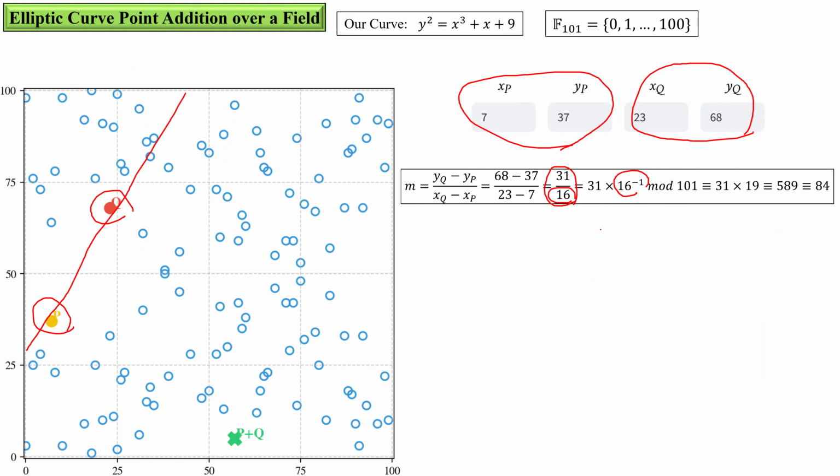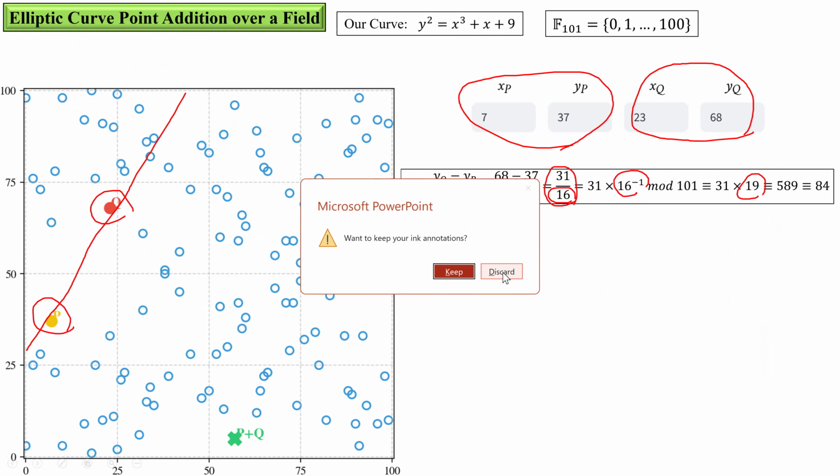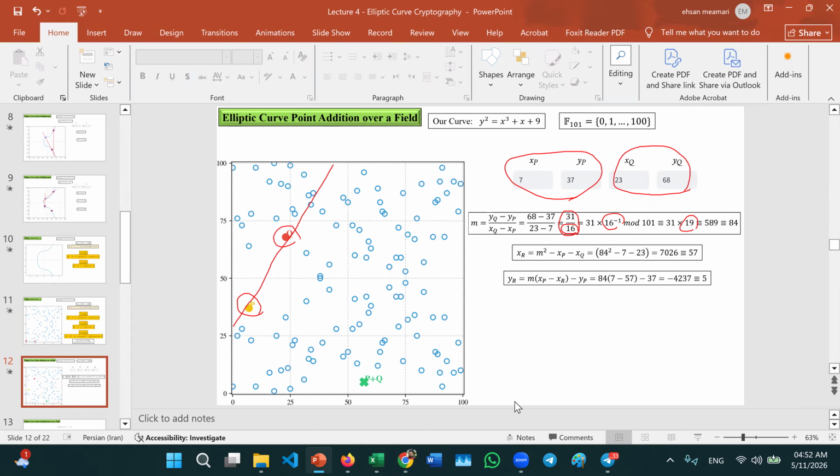We discussed in lecture 2 how to compute the inverse of a value in modular arithmetic. Using the website or manual computation, you can see that the inverse of 16 in mod 101 equals 19. Okay, so let's check on the website to ensure that this value is computed correctly.